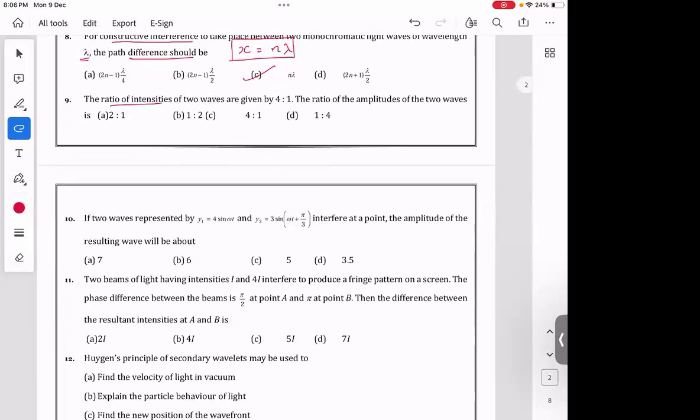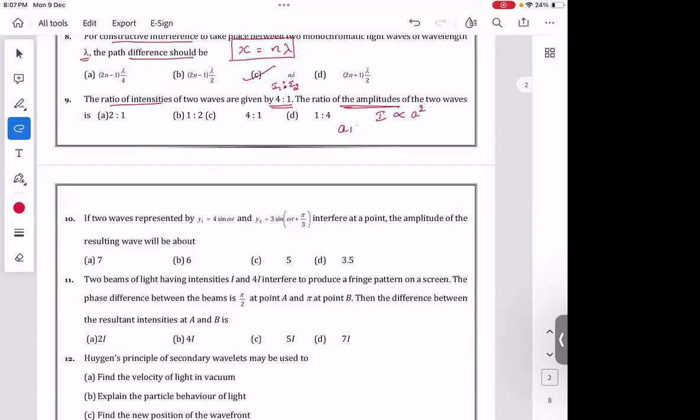What about the ratio of the intensities of two waves? I1 is to I2 is 4:1. What is the ratio of their amplitudes? Intensity is directly proportional to the square of the amplitude.